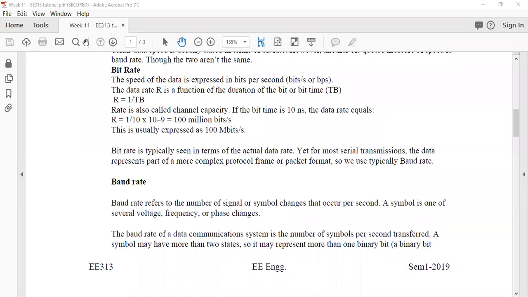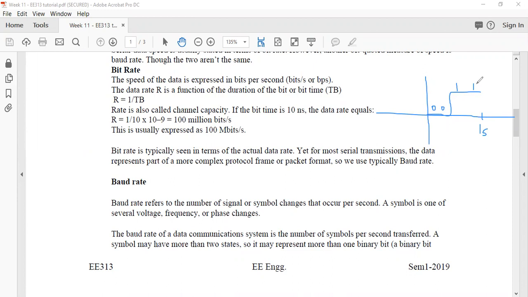So let me just give you a quick example. You have a signal, right? You have a signal and you're transmitting, let's say, 0, 0, and then you're transmitting 1, 1, right? So basically you're transmitting 1, 1, 0, and 0 in 1 second, right?